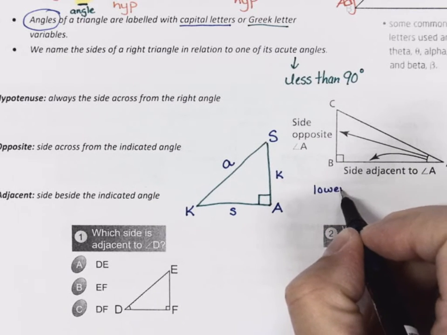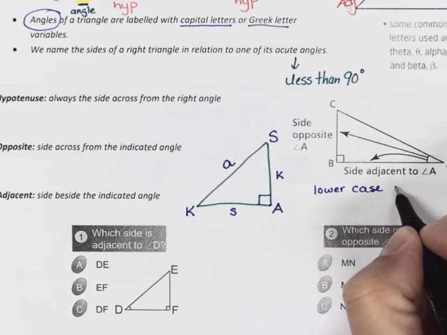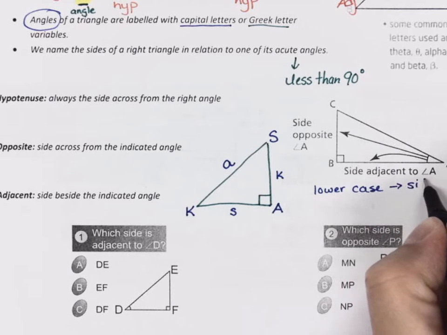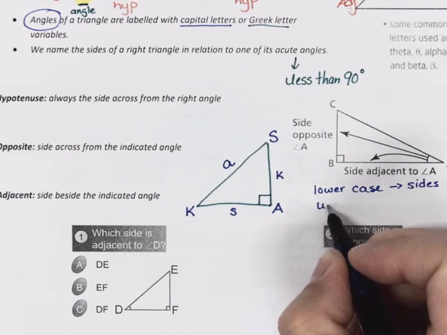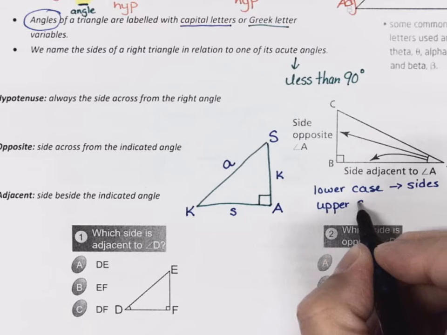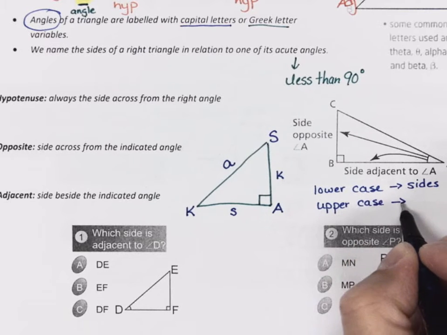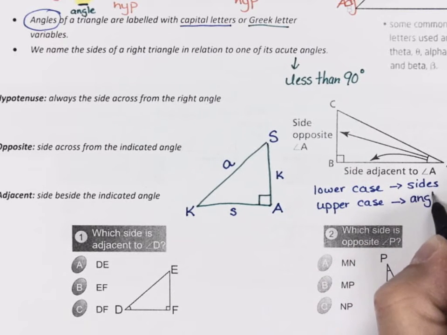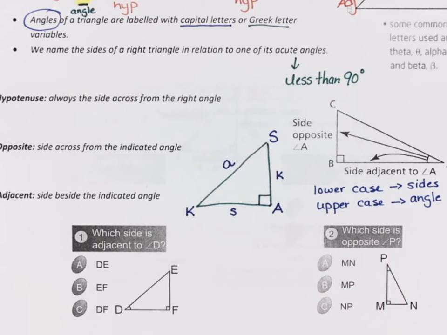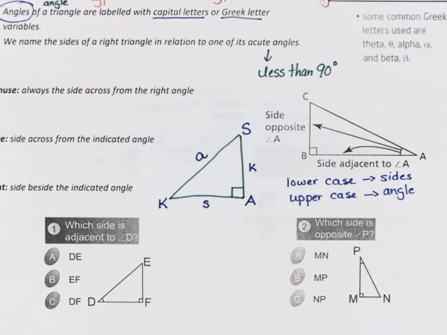Lowercase we use for the sides. Uppercase we use for the angles. All right, everybody good with that? Okay. So that's important, super duper important.